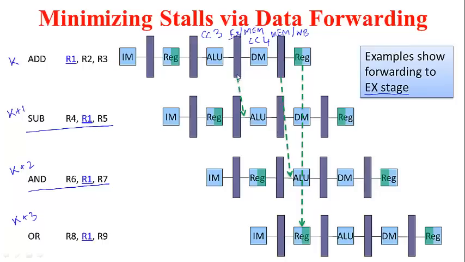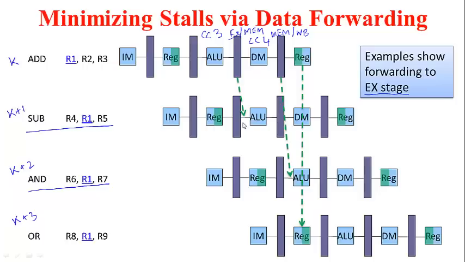So this value is forwarded from this latch, before being written to its register location, to a location where that value is needed for ALU operation for a subsequent instruction, in this case instruction number k+1. So this is another case of data forwarding, this time from a different latch to the same location in the data path, that is just before the ALU.